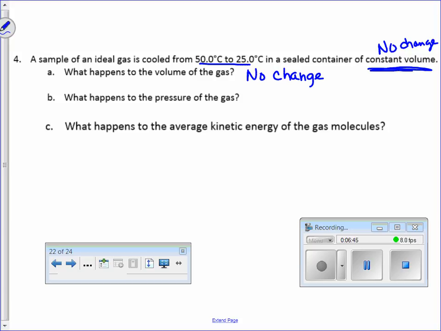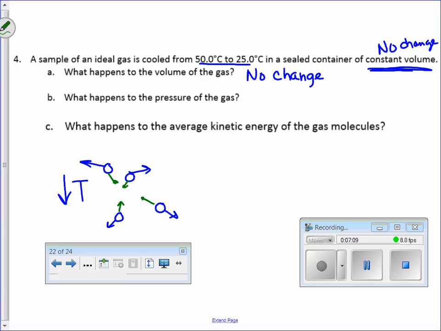What happens to the pressure of the gas? Okay, in this case, the temperature is decreasing. So the gas molecules that did have a lot of energy, now their temperature is decreasing. So they're starting to compress and get closer together.